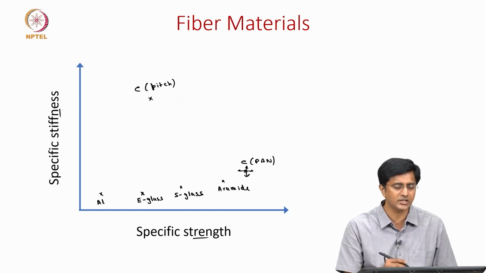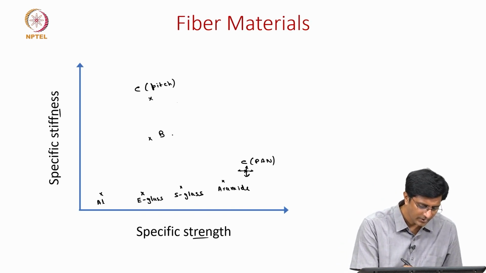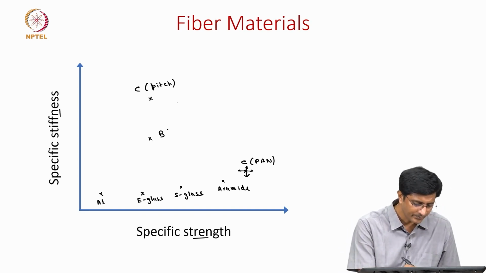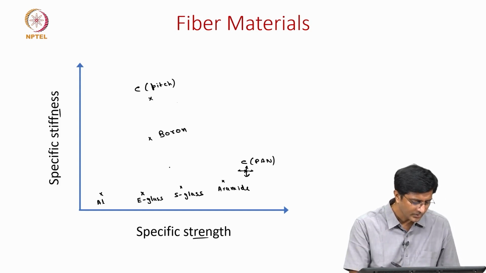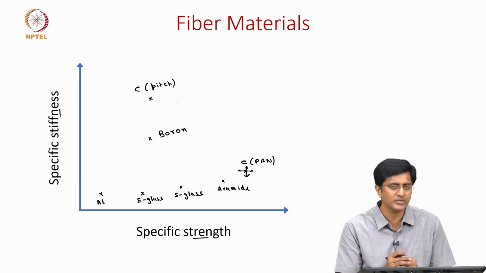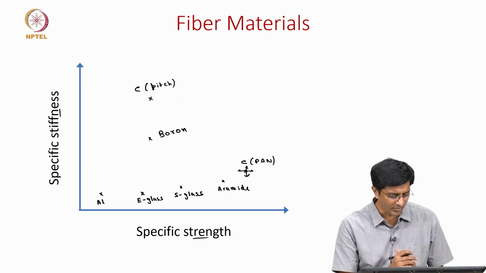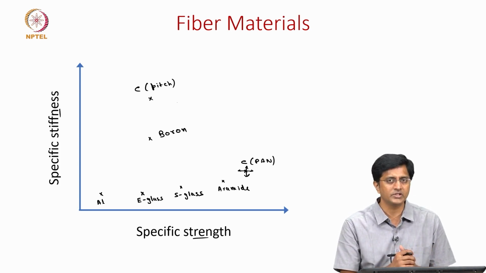And lastly are the boron fibers. Boron fibers are somewhere here, where the specific stiffness is much higher compared to the glass, but not as high as the carbon fibers made from pitch precursor. So, this should give a summary of the different properties of different fibers and how they compare with each other.